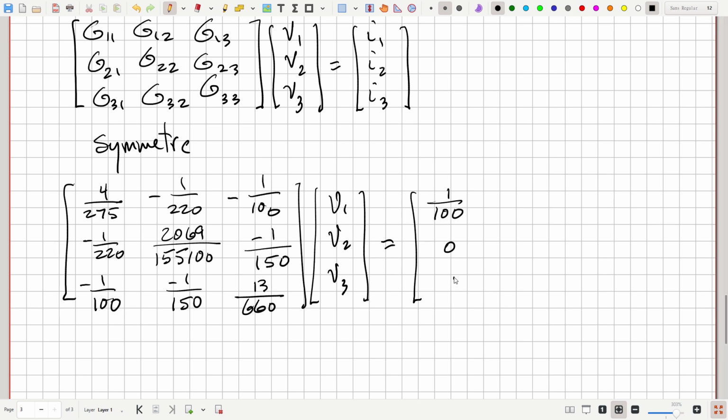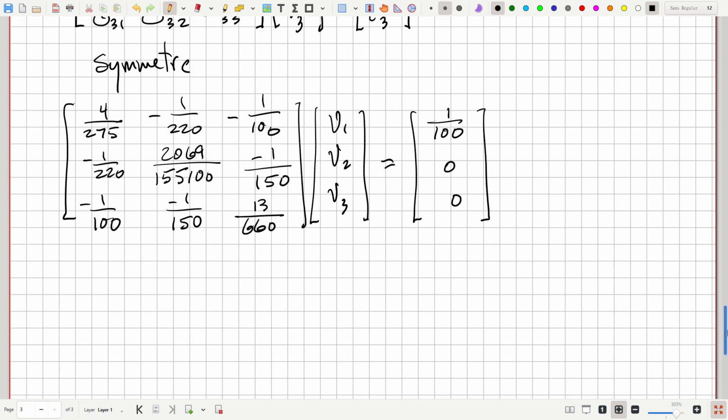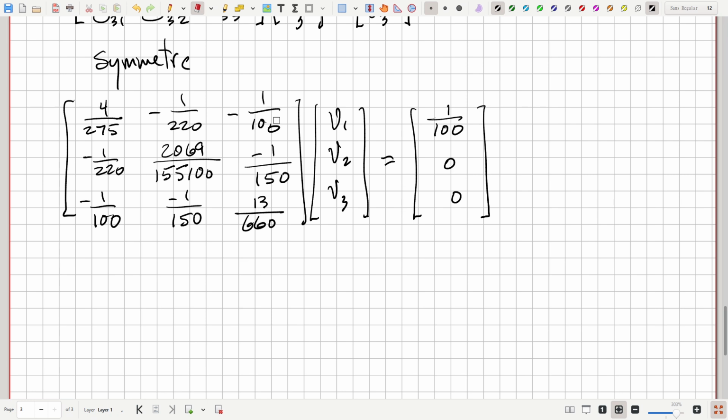And the other two we saw were 0. Okay, so we need to solve this in order to get our voltages. And so what we would do is either use a linear algebra solution tool in your calculator or on a computer, which in principle or effectively inverts this matrix and multiplies it times the right-hand side to get these voltages.